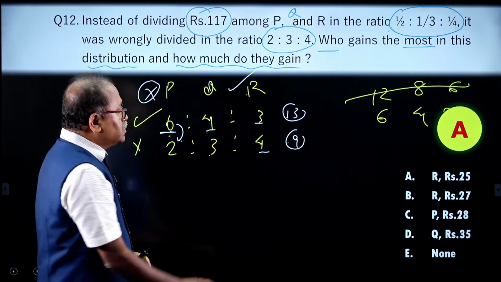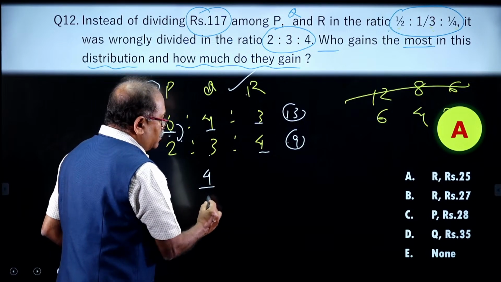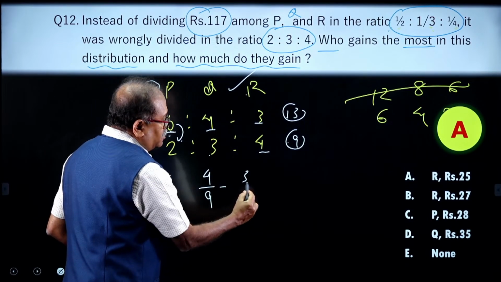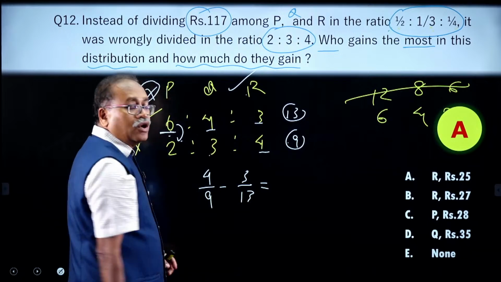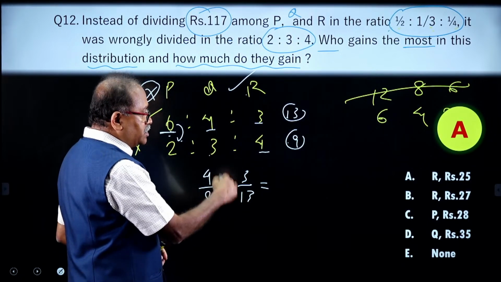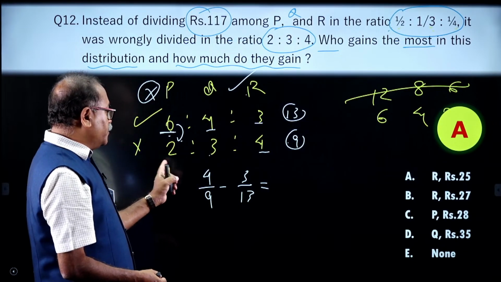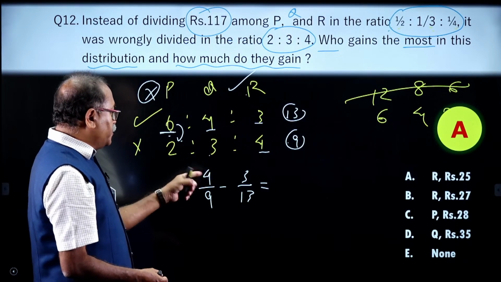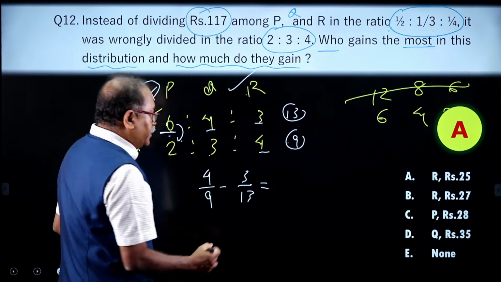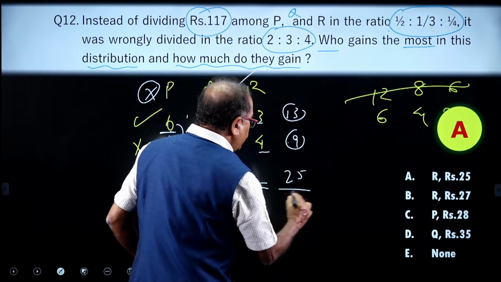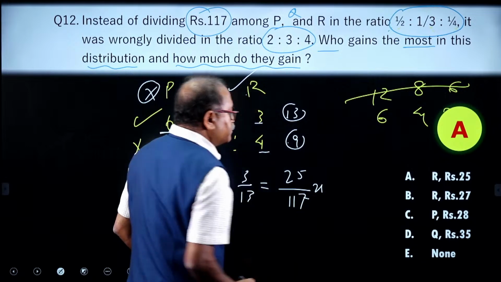How much does he gain? That is 4 by 9 minus 3 by 13 of x. And how much does this come to? 117, and then 52, and then 27. 52 minus 27 is 25. So R will be getting 25 by 117 of x.